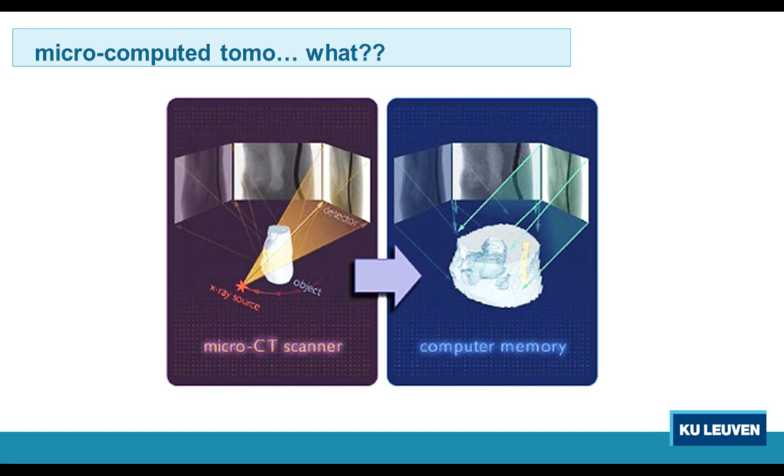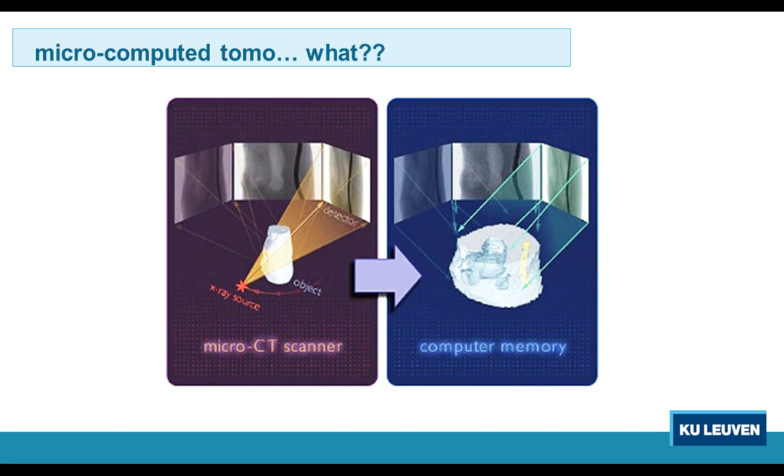In the microCT scanner, it basically consists of an X-ray source emitting X-rays and a detector, and then your object or your mouse you want to image will be in the middle. The X-rays will go through your object. They will be absorbed by different tissues that have different densities to a different extent along the way, projecting an image on the detector.